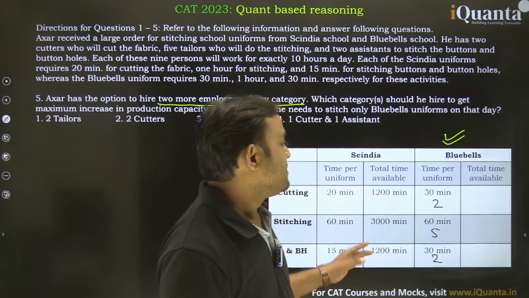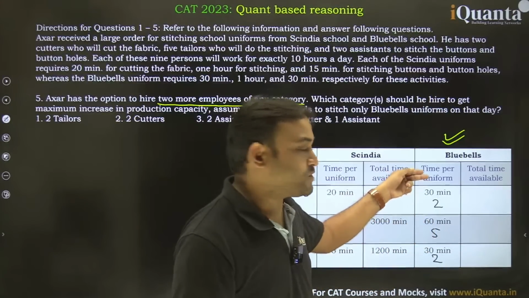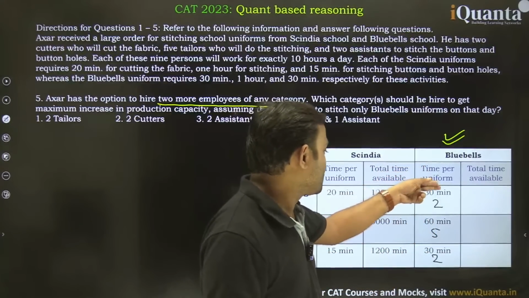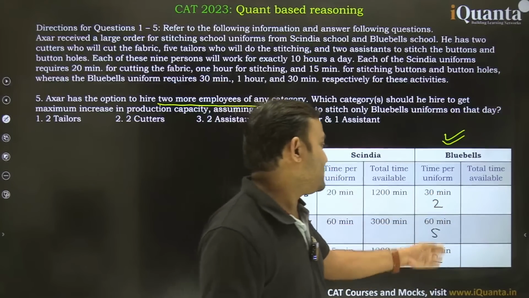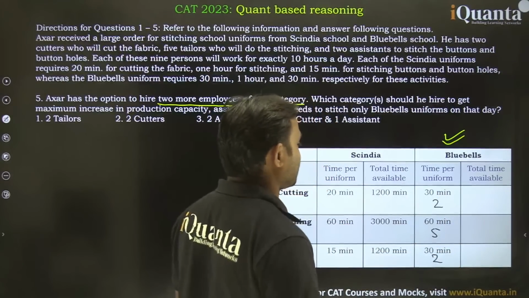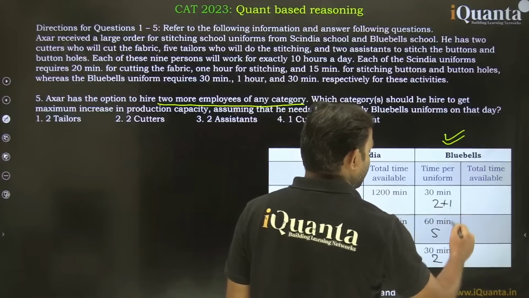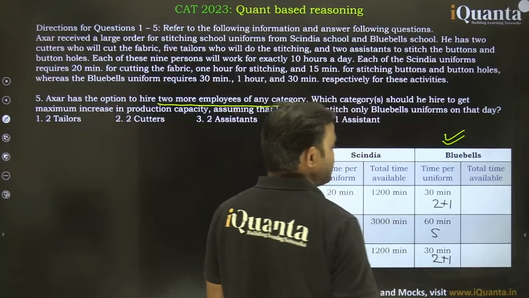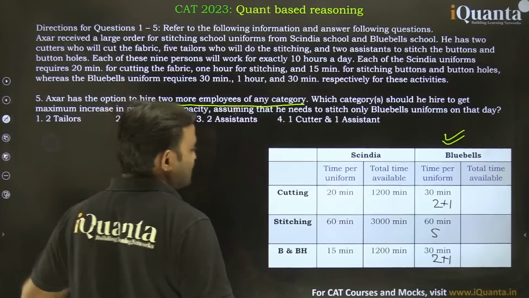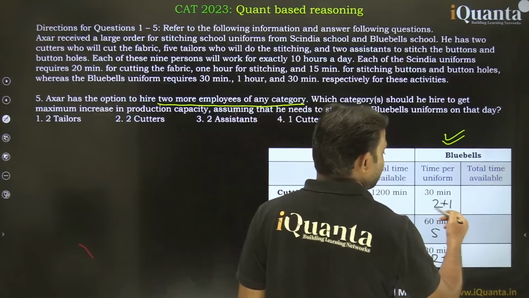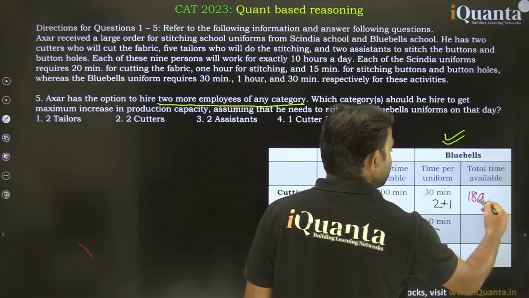So definitely we need to distribute those 2 new employees to cutters and these assistants. So 1 in both the cases. So we will add 1 here, we will add 1 here. In that case total minutes available will be 600 into 3. Here it will be 1800.